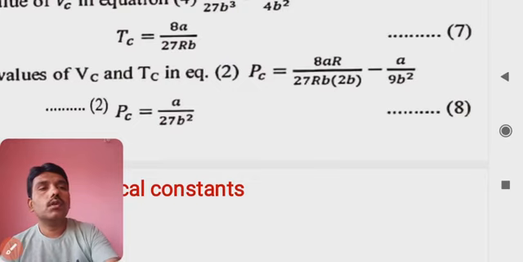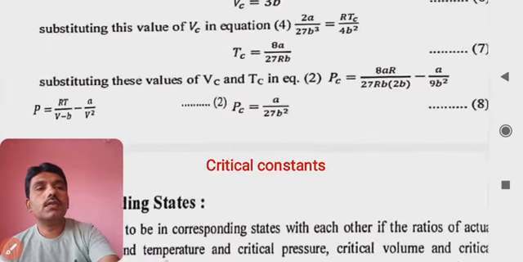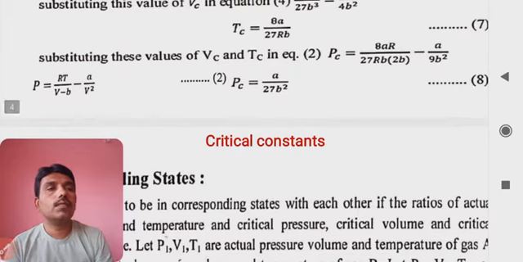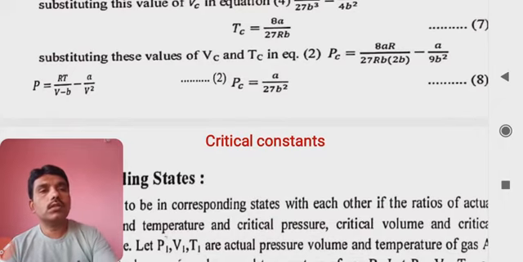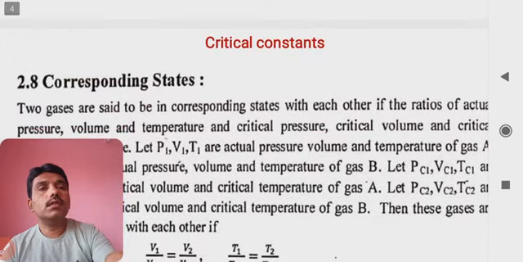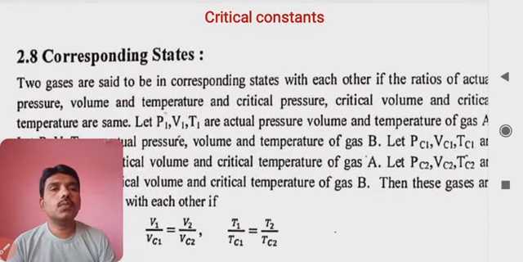So in this case we have the relationships for TC, VC and PC. This is the way to find out the critical constants relation. There is another term called corresponding states.